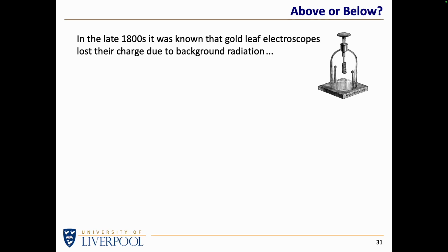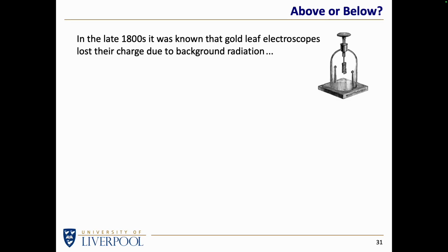So back in the late 1800s, it was known that you could charge a so-called electroscope. This is a way of measuring charge. An electroscope is basically two gold leaves sitting next to each other, in a sort of bell jar to try and stop drafts making a difference. If you charge them, positive charges on both leaves or negative charges on both leaves, like charges repel. So if you charge this up, the two leaves simply separate because they repel each other.